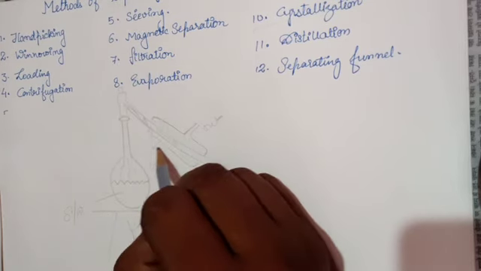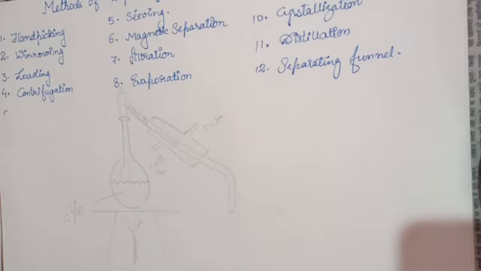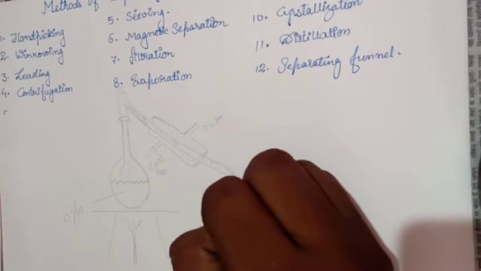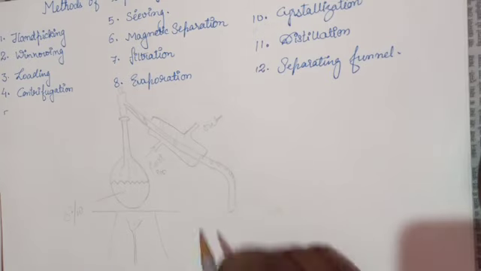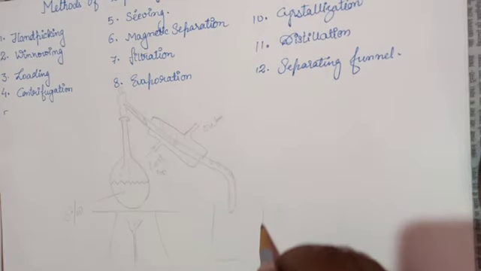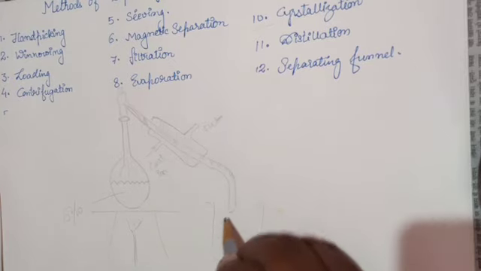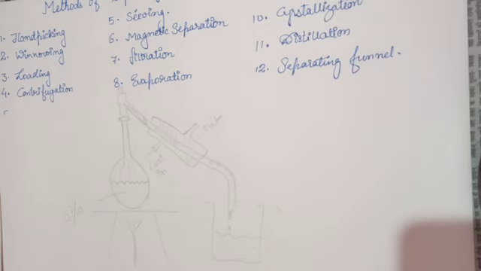Since here it is cool water, the water vapor will start condensing, and drop by drop it will flow from this tube and be collected in a beaker. Now this process is known as distillation.